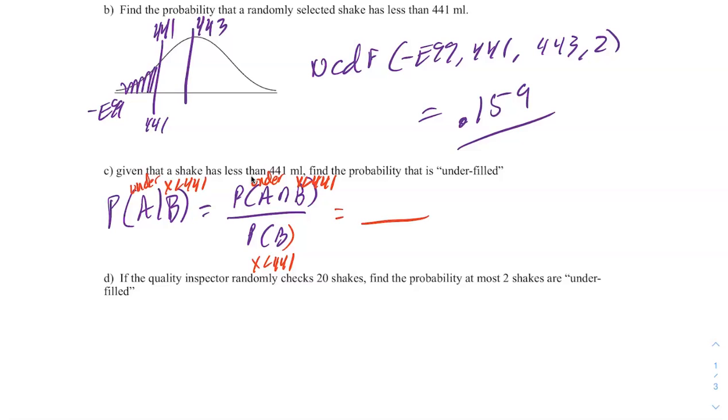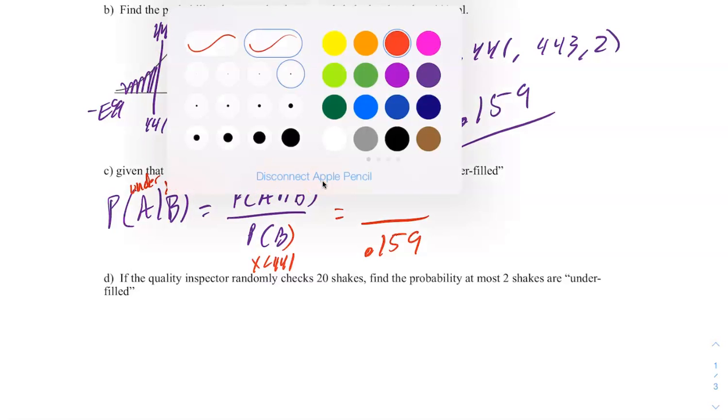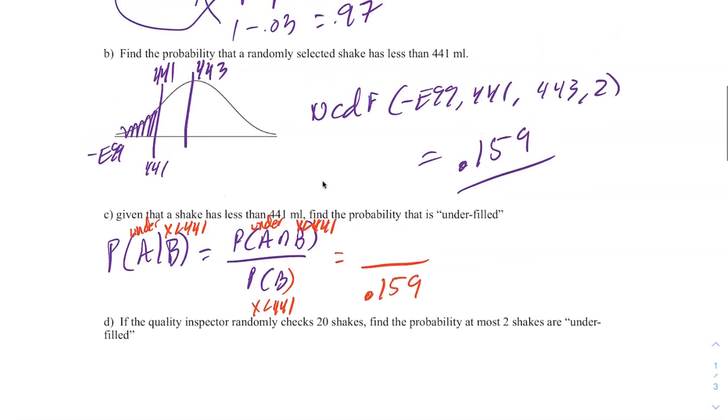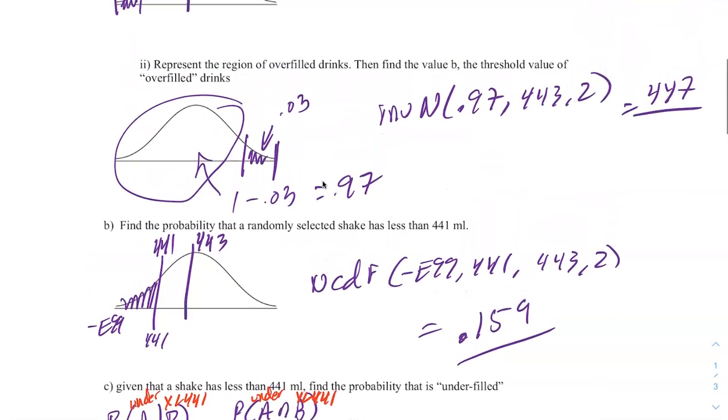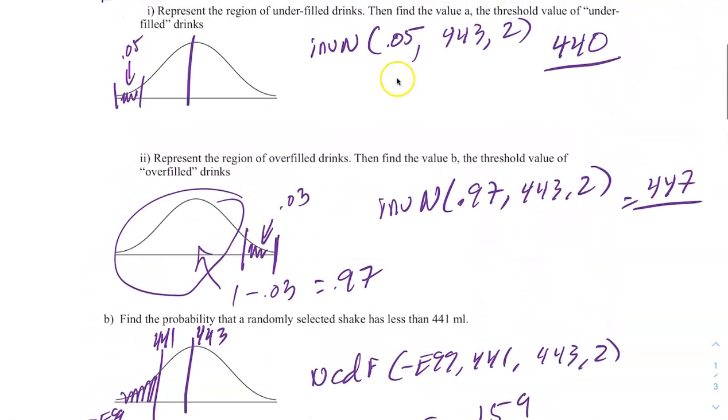So again, we already know the bottom. We did that: probability less than 441, that's 0.159. The top is always the tough part. You want to be underfilled and less than 441. So what is that? Underfilled is 440.